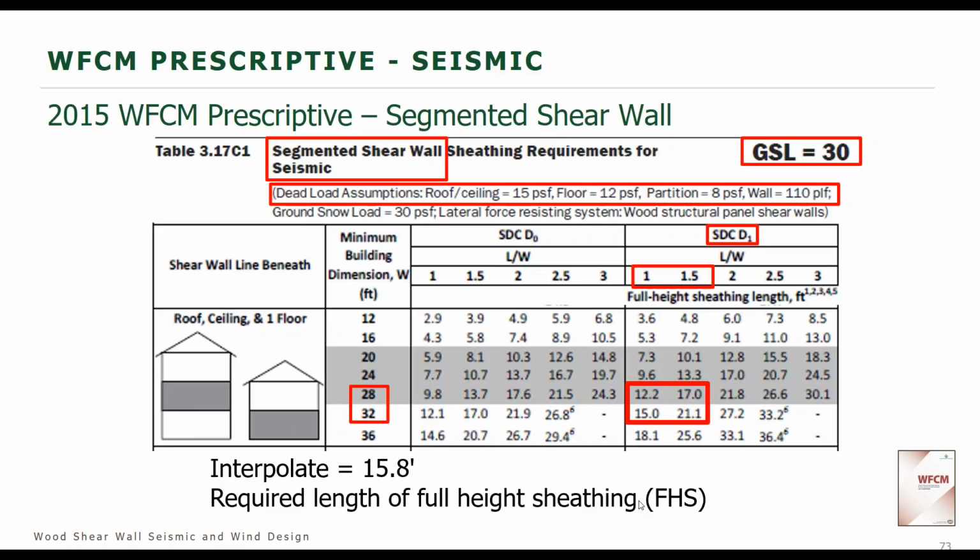So then, are we good to go? But wait, there's more. Anyway, a little chuckle there. Dead load assumptions: we had 15 pounds per square foot for this table. Well, when we looked at the criteria, we actually have 25 pounds per square foot.